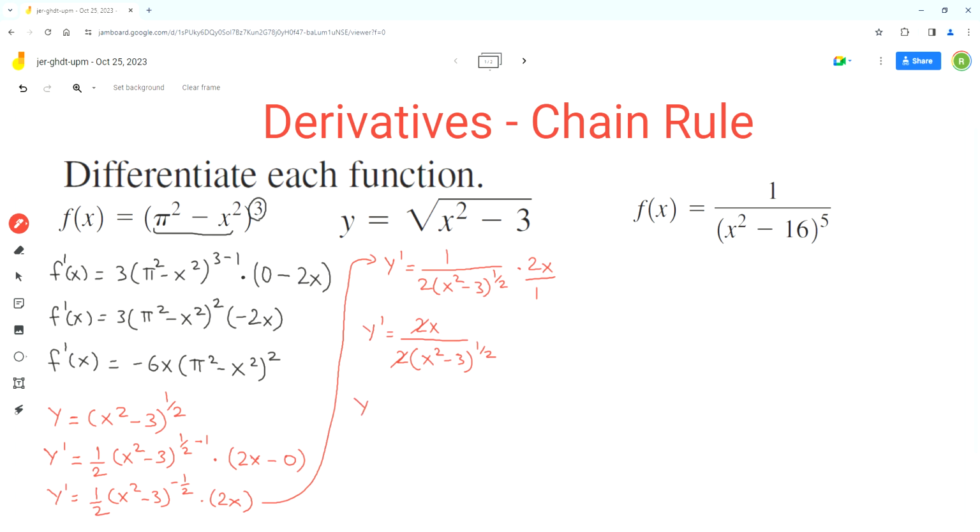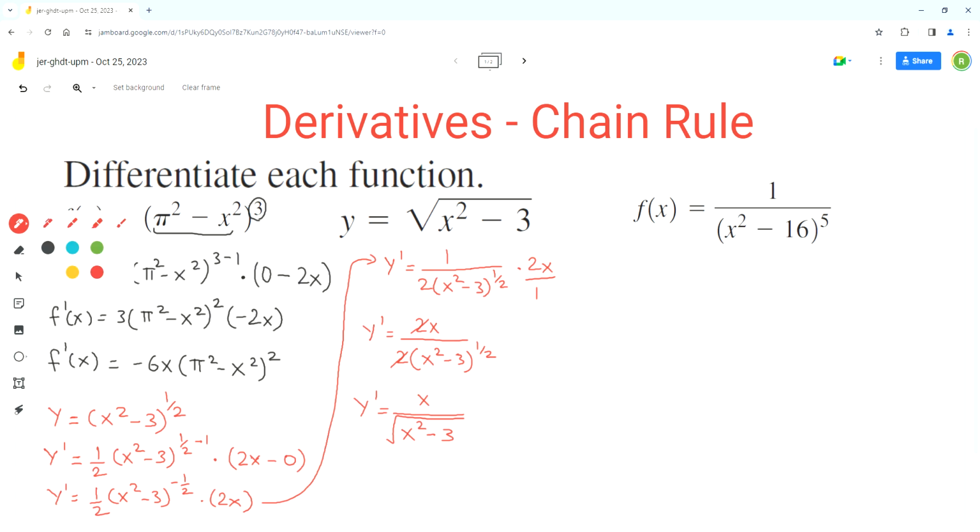And in our final answer, we get x over. Now in the denominator, we can change the rational exponent half to square root. So we get the square root of x squared minus 3. So this should be the final answer for the derivative of the second function using chain rule.